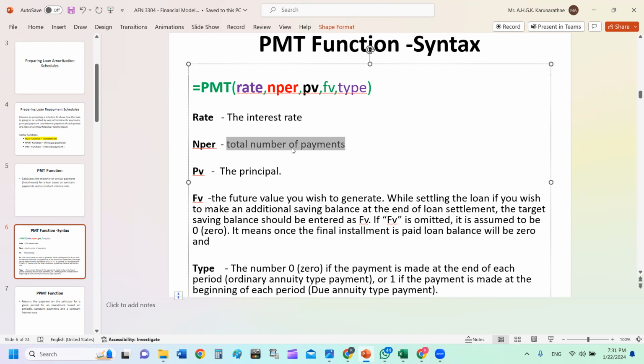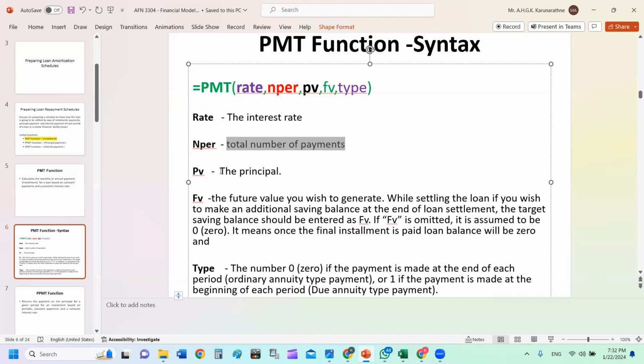If you take loan for 5 years and if you are paying monthly installment, period is 5 years, but you are paying monthly installment. Per annum, 12 months is for 5-year period, how many payments? 60 payments, right? Okay.